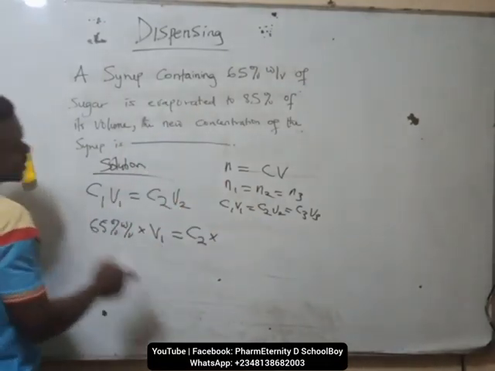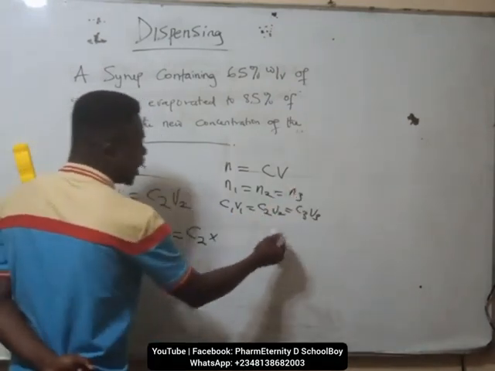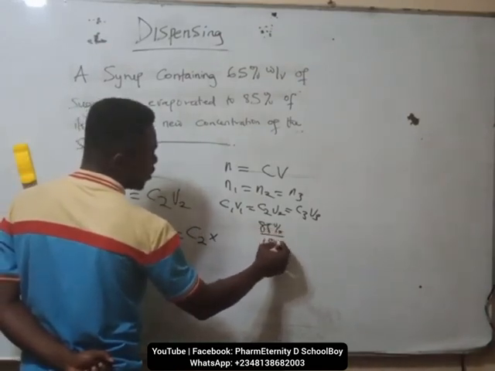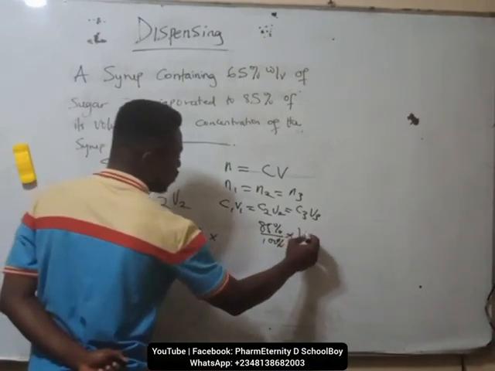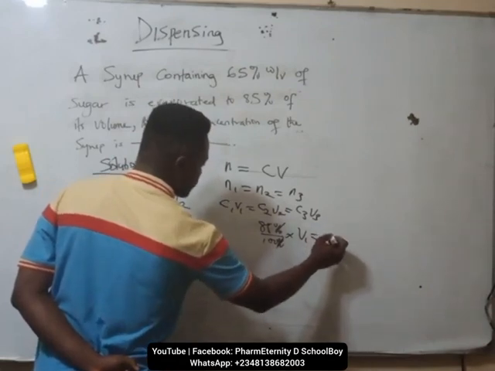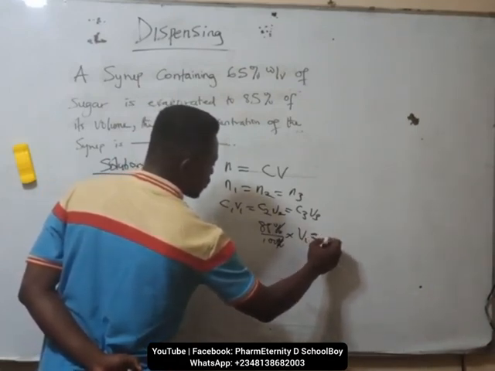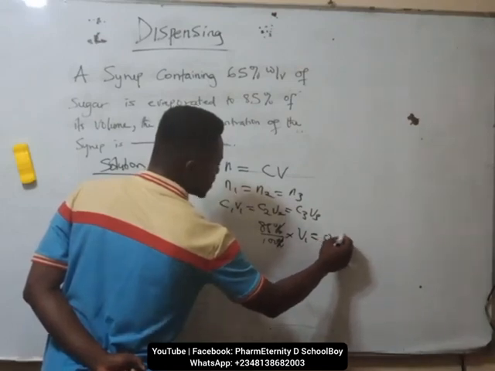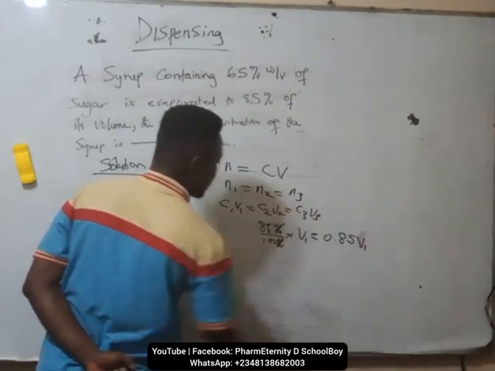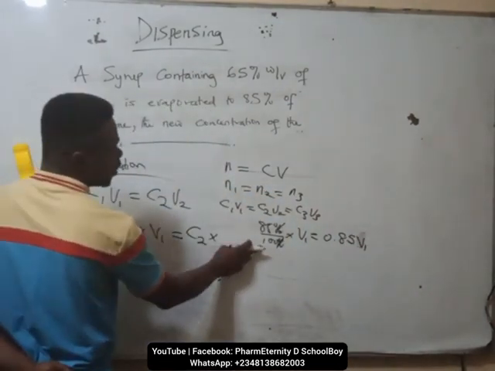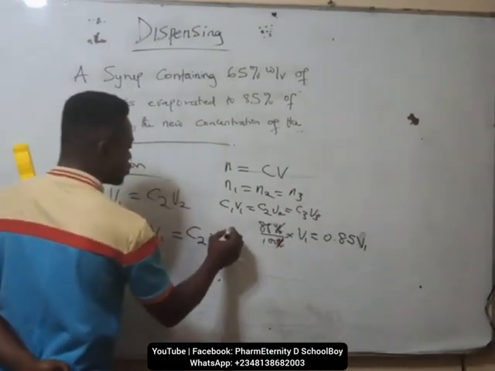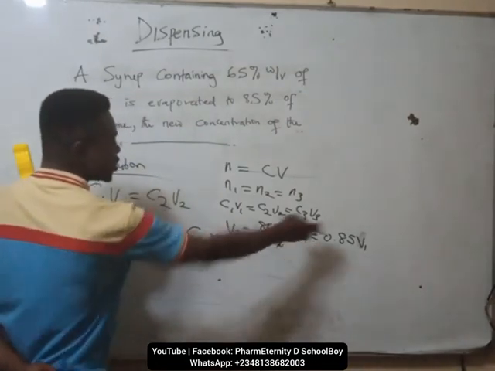85% of V1 is the same as 85 over 100 times V1. 85 divided by 100 is 0.85, so V2 is 0.85 V1.